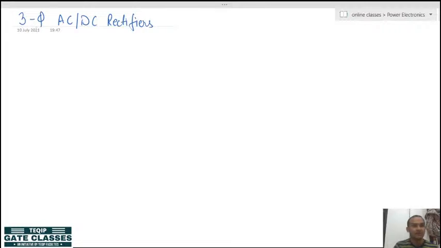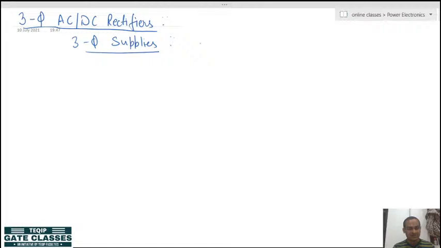Before beginning with 3-phase AC/DC rectifiers, let's have some brief concept of 3-phase supplies. All right, because it is necessary to understand the working of a 3-phase rectifier. So let's have a quick revision of 3-phase supplies.